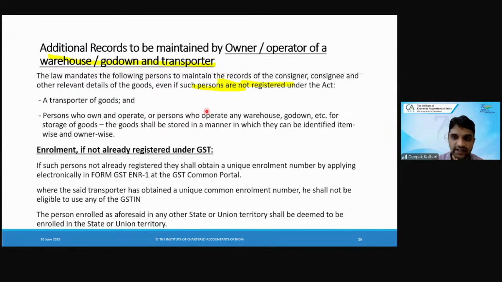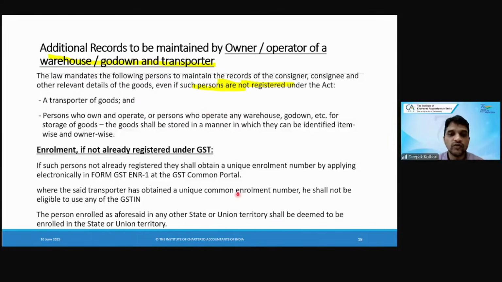So if they are not registered, then the law says that you have to have at least an enrollment number. So GST registration is there, but for these people, there is a special enrollment number. So these people will have to get a GST enrollment number.